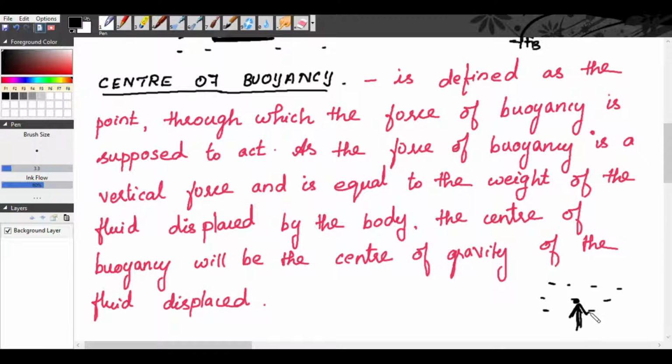So you find the fluid displaced. If this much amount of fluid is displaced and this distance is h, the center of gravity will be h by 2. So this will be your center of buoyancy. This will be the distance of center of buoyancy.